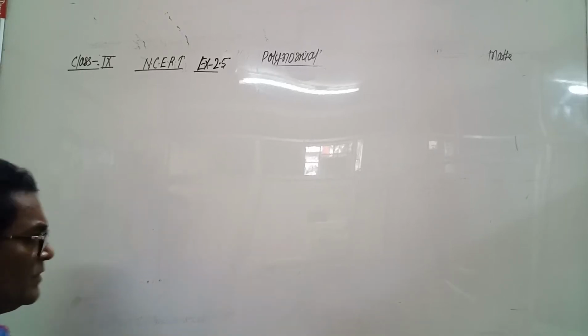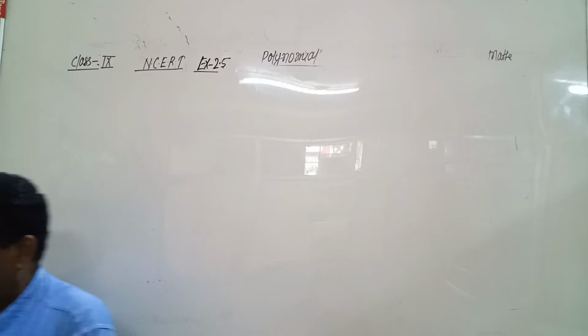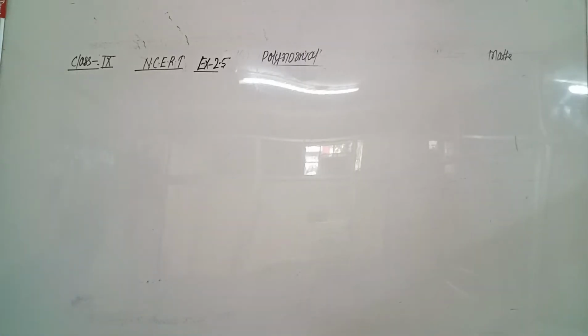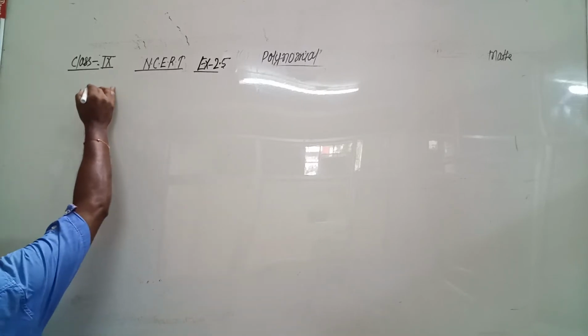In this video, we start exercise 2.5 of the polynomial. The first question is, using suitable identities, find the products of the following.